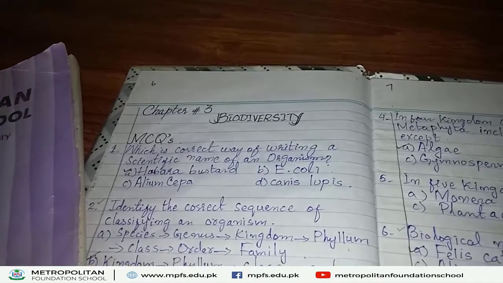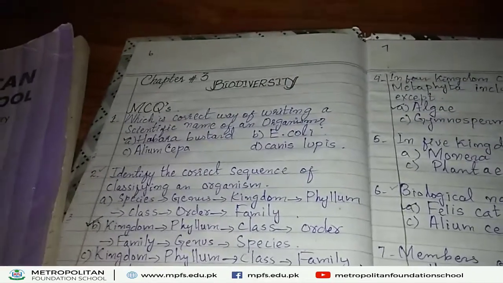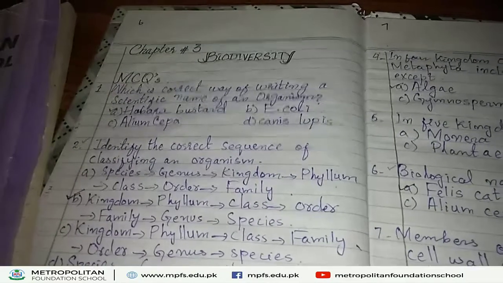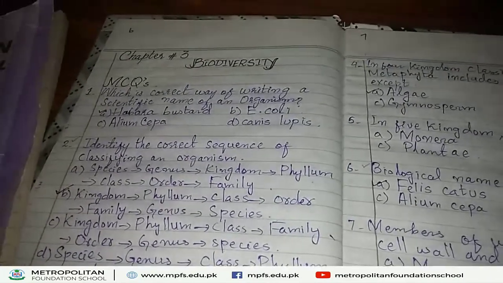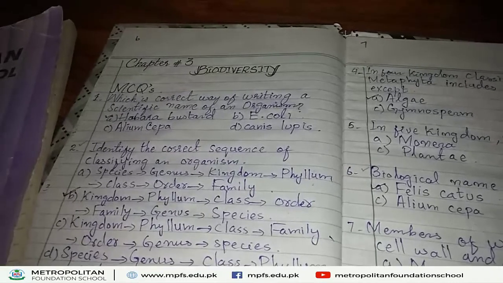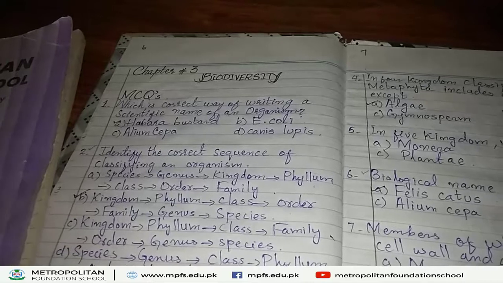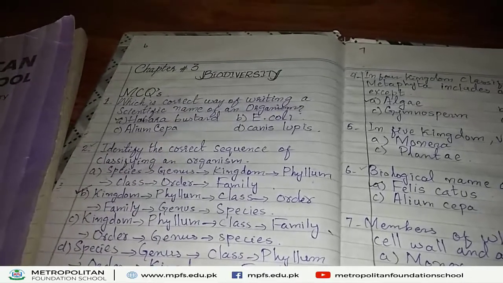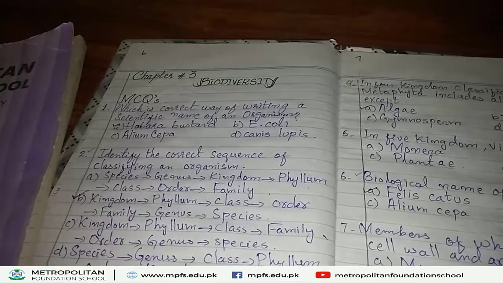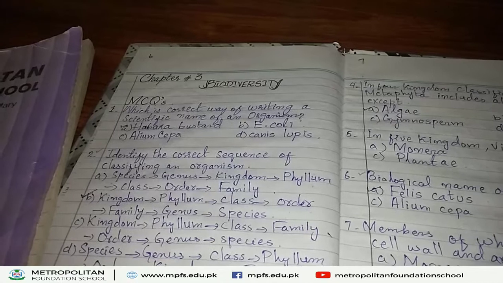Now next, identify the correct sequence of classifying an organism. Option A, species, genus, kingdom, phylum, class, order, family. Option B, kingdom, phylum, class, order, family, genus and species.